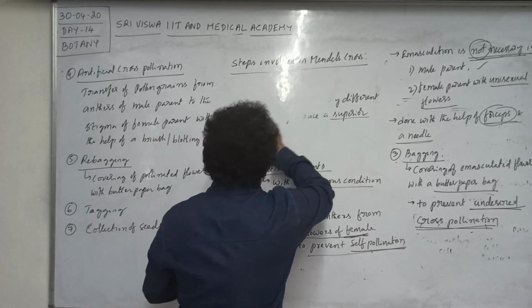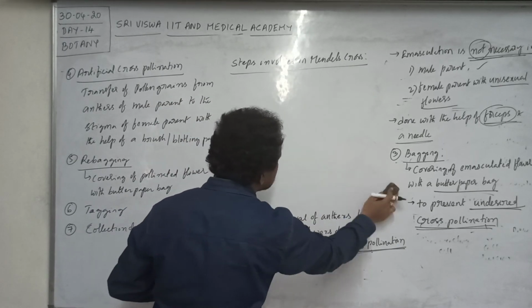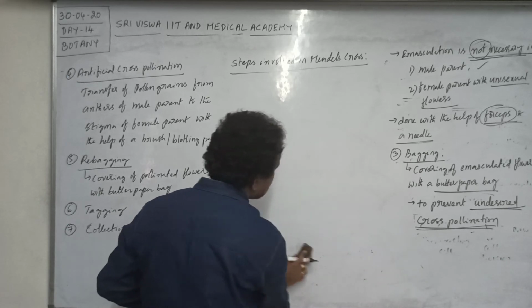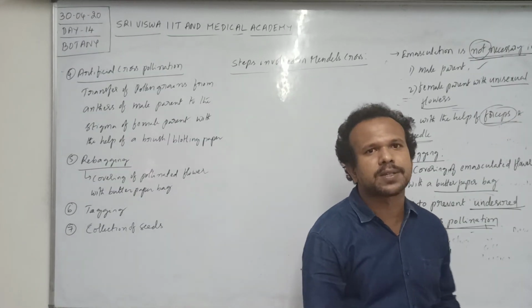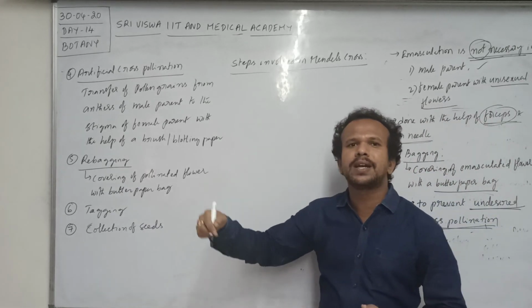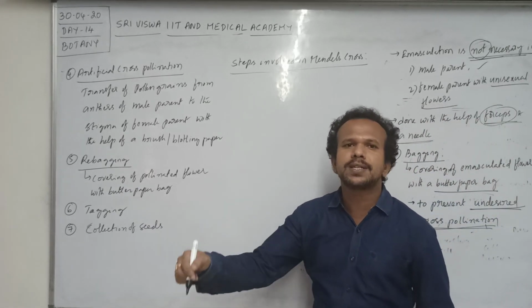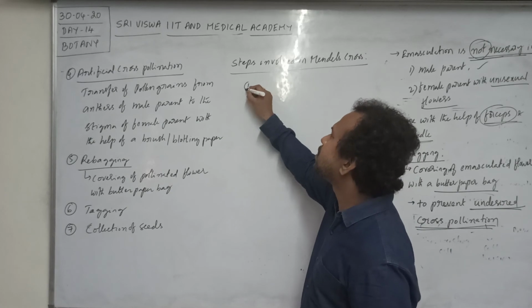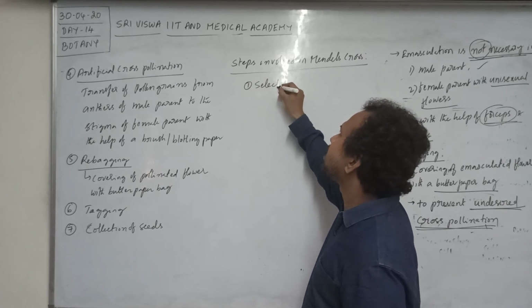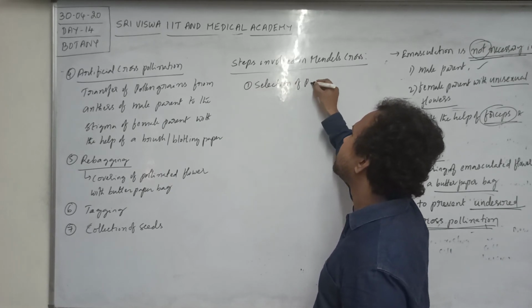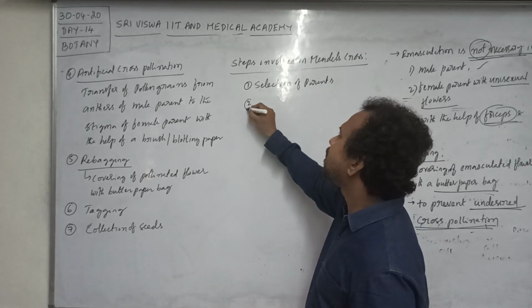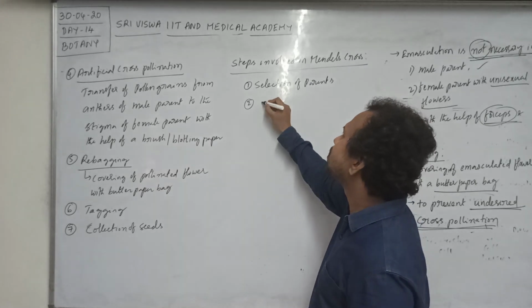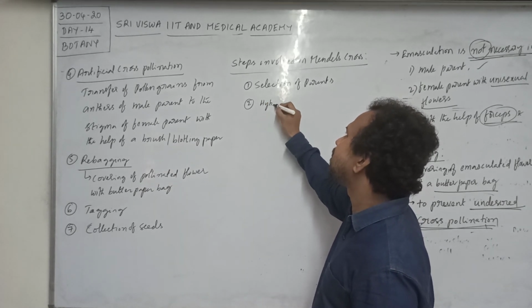Then consider the steps involved in Mendel's cross. What are the steps involved in Mendel's hybridization experiments? Mendel's monohybrid cross, dihybrid cross, trihybrid cross. Here the first step is again selection of the parents. The second step is crossing or hybridization.